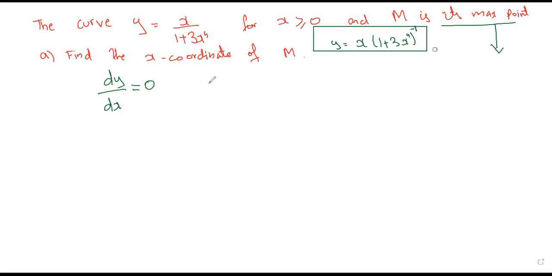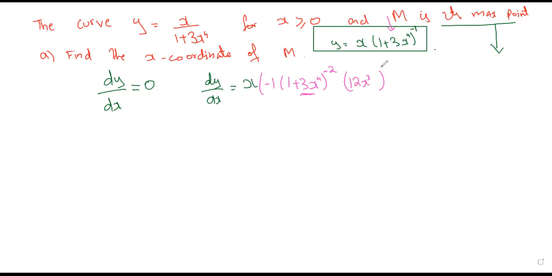So dy by dx would be, first function comes as it is, times the derivative of the second one. So the derivative of this function would be -1, power comes as it is, 1 plus 3x to the 4 to the power minus 2, because we already had -1, we do -1. So -1 -1 is -2, and we need to multiply it with the derivative of this thing, that would be 12x cube, right?